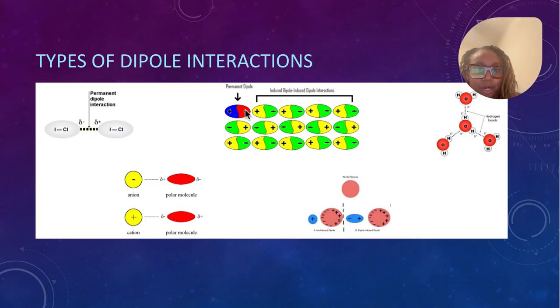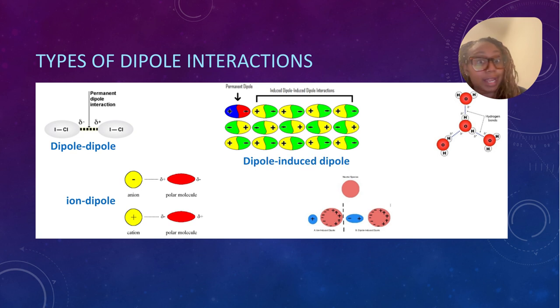Permanent dipole is where one end is definitively more positive, definitively more negative. And then you've got the ion dipole possibility. So dipole-dipole, ion dipole, dipole induced dipole, ion induced dipole, and then a hydrogen bond.